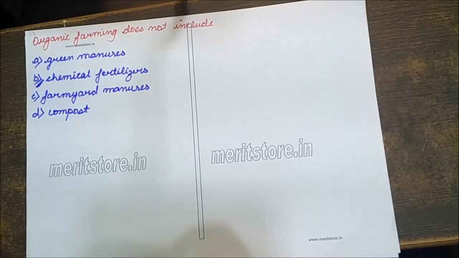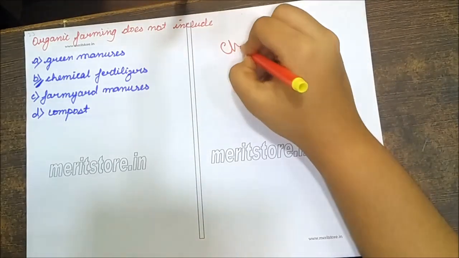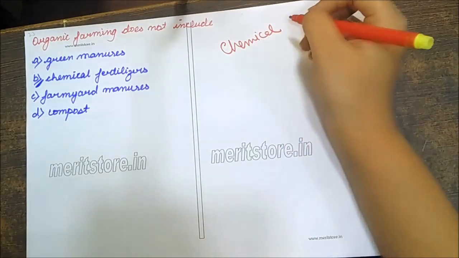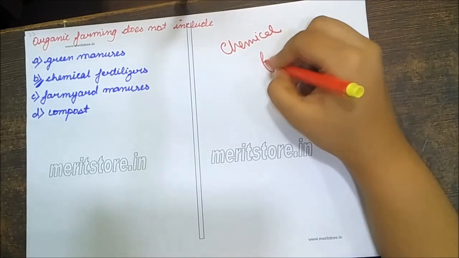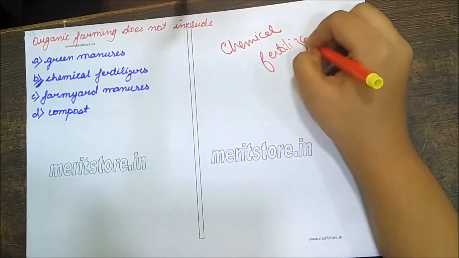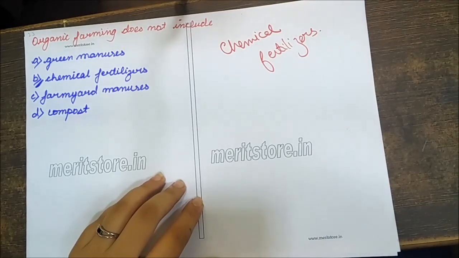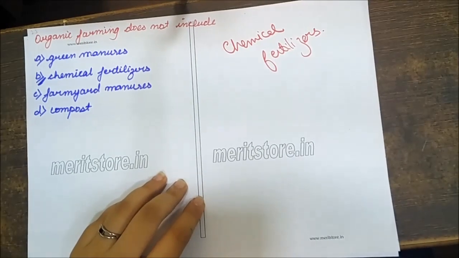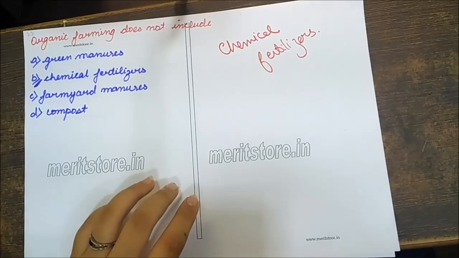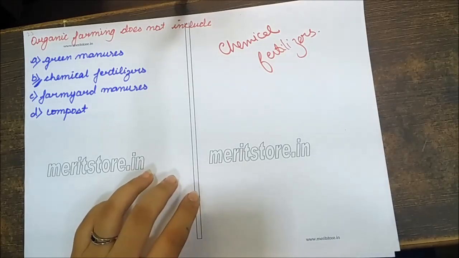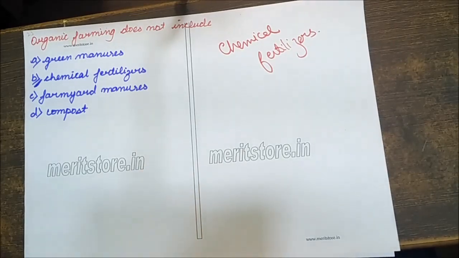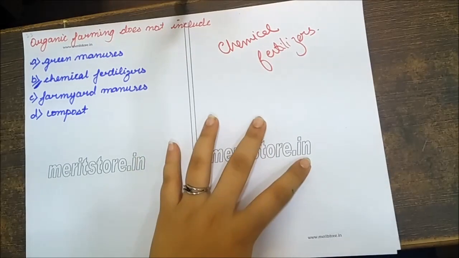Let's know how. Organic farming includes several methods to enhance soil fertility, that is, to increase the fertility of soil. Fertility of what? Soil.